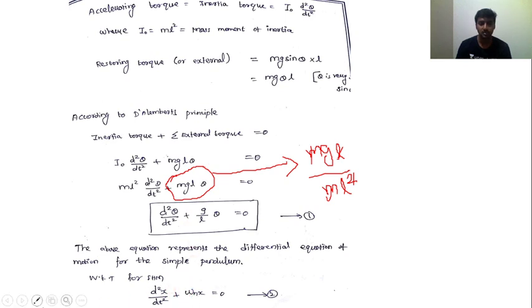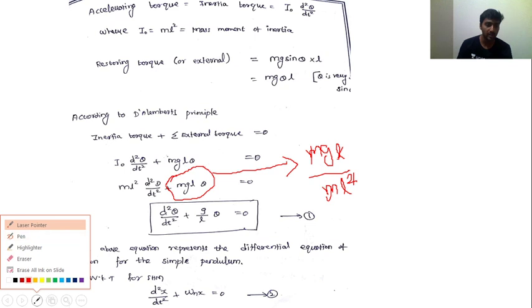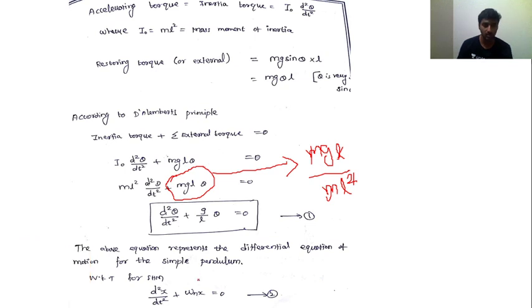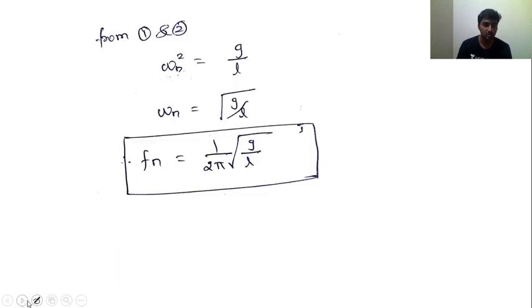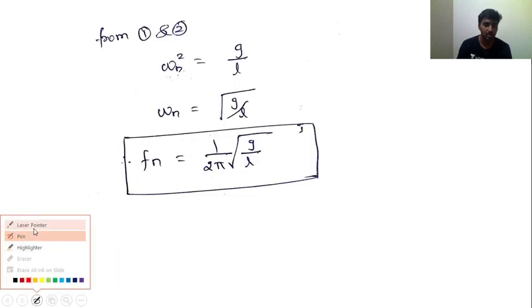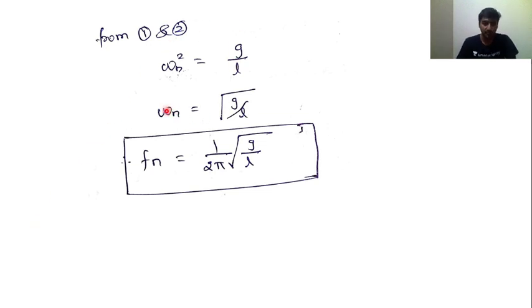Equating them, omega n square is equal to g divided by L. So omega n is equal to square root of g divided by L. We know that the natural frequency of the system fn is equal to omega n divided by 2 pi. Now substitute omega n equal to root of g divided by L. So this equation belongs to the simple pendulum. But coming into the category of the compound pendulum, it is different.